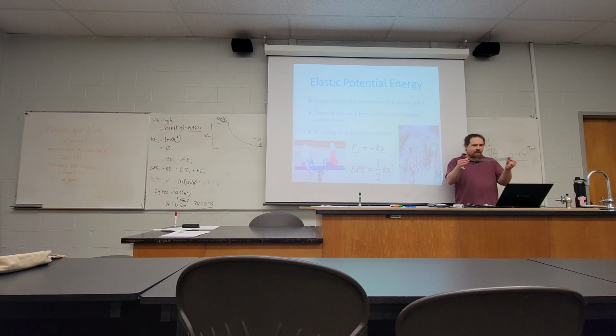Say this spring is normally 1 meter long and I stretch it to 2 meters long. What is the magnitude of deformation? It was 1 meter, now it's 2. 1 meter, exactly.